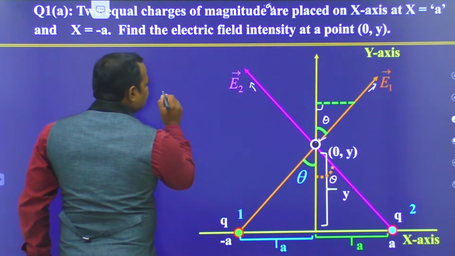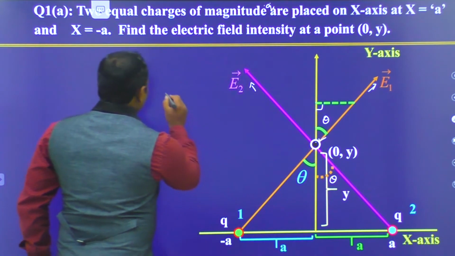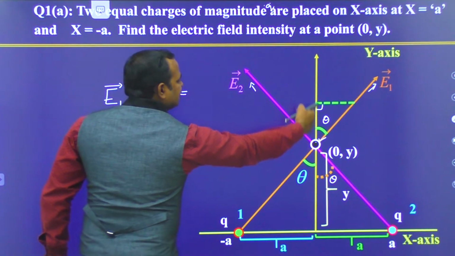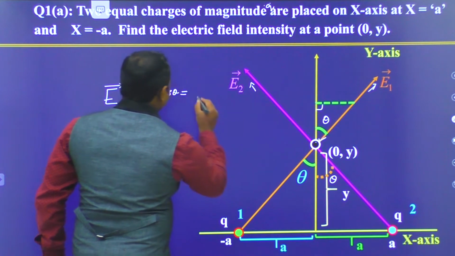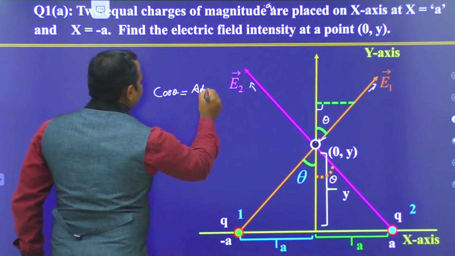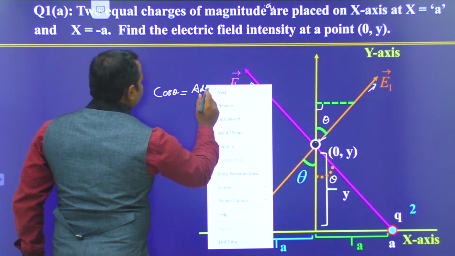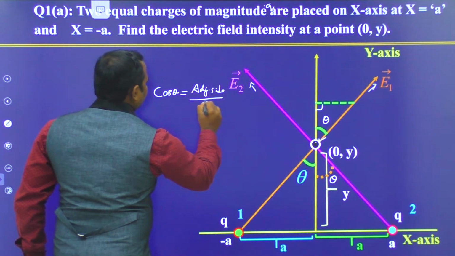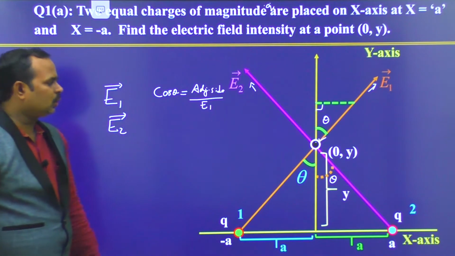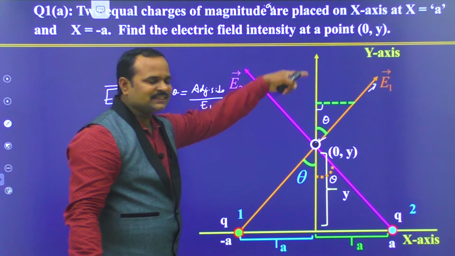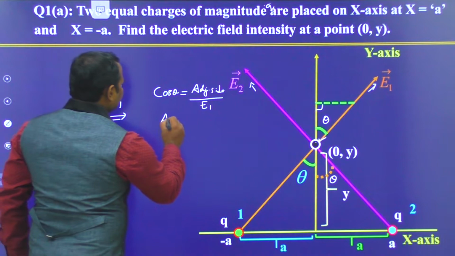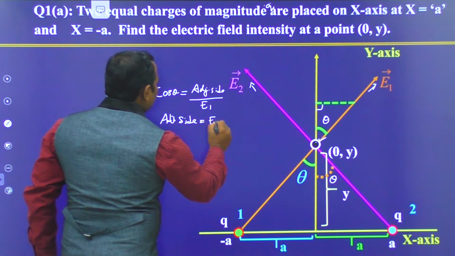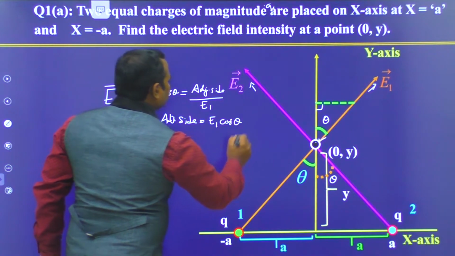So we can write cos theta is equal to adjacent side by E1. So the adjacent side on the y-axis is equal to E1 cos theta.